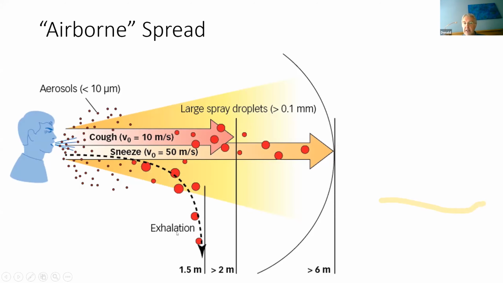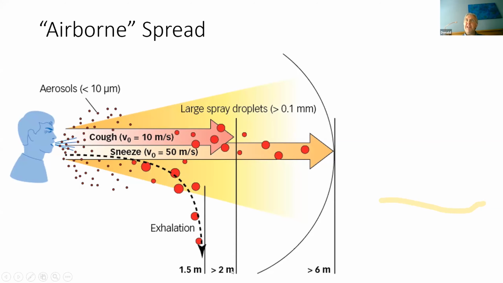If you're talking, and you have SARS, then your droplets will drop around 1.5 meters away from you, because they're quite heavy and they get dragged down. However, if you cough and you have SARS-2, then obviously the cough, as we know, has got a certain strength. This will take these large droplets to about 2 meters.